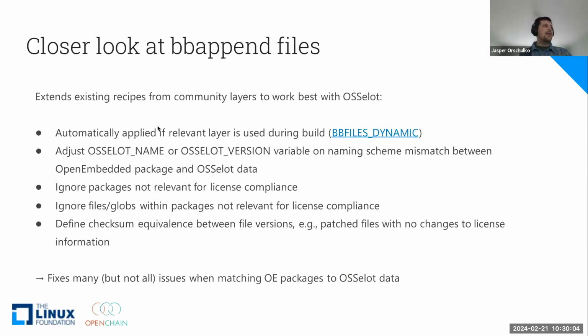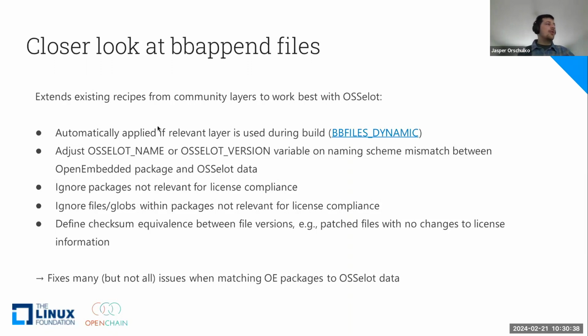Also, we can ignore packages that aren't relevant. At this point we ignore everything that has a native suffix because we deem it not relevant for license compliance. We are only interested in packages that are actually shipped to the target, to the customer. Ignoring all native packages drastically reduces the number of packages that we have to check.